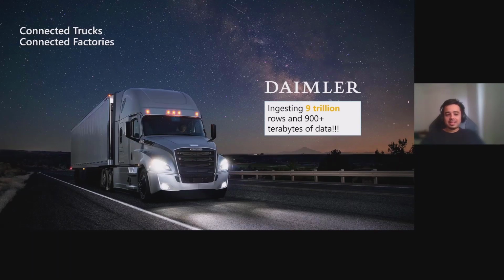The nature of connected vehicles, connected trucks, or connected factories is that you need to bring in data from all these vehicle sensors, like in this case, connected trucks and factories.